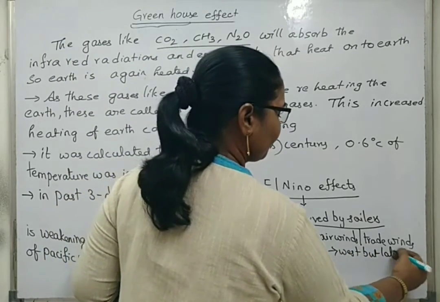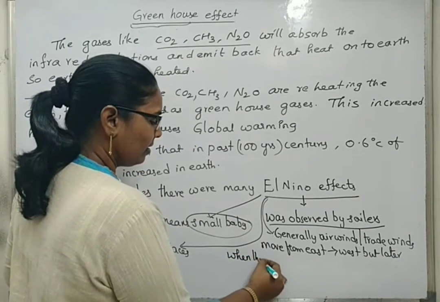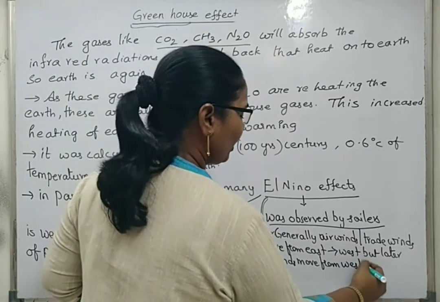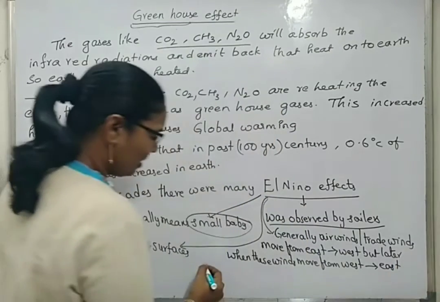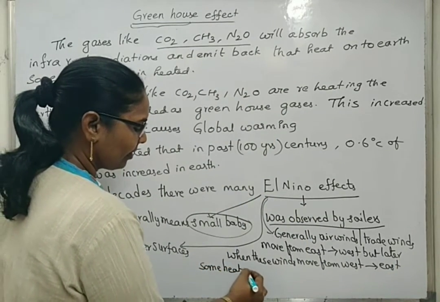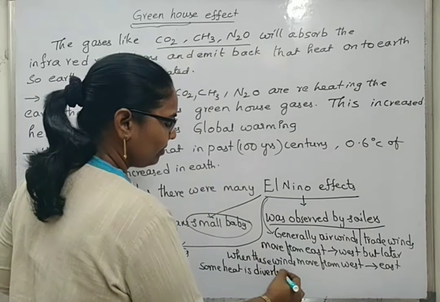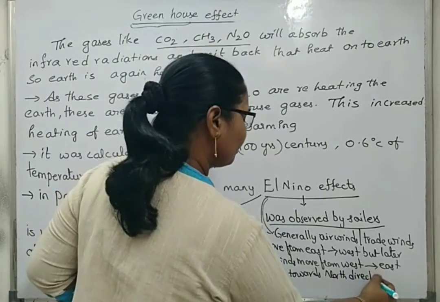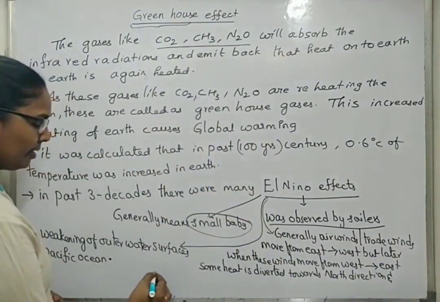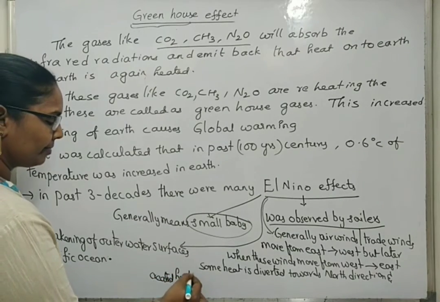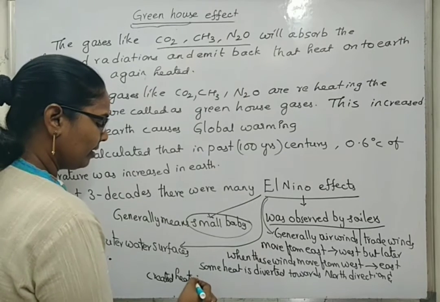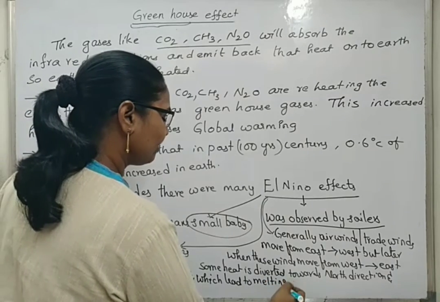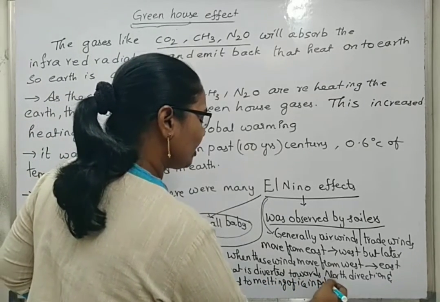But later, when these winds move from west to east, some heat is diverted towards the north direction and created heat, which led to melting of ice in polar regions.